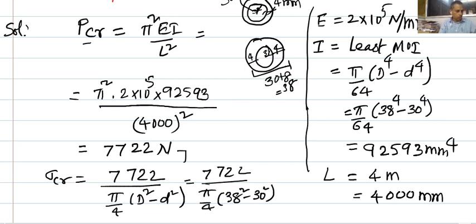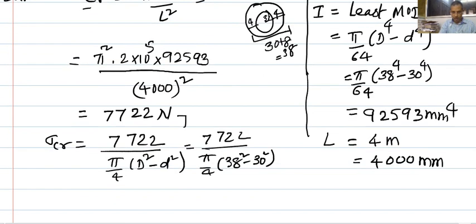If I try to solve this, I am calculating pi by 4 into 38 square minus 30 square, and dividing 7722 by that. I am getting 18 Newton per millimeter square, right.